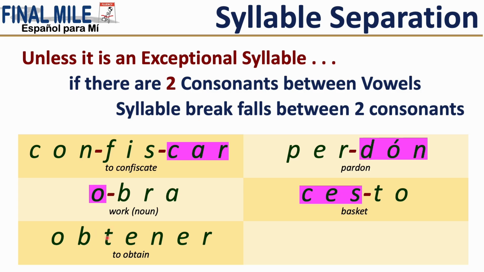This is not an R or an L. So the break goes right here between the B and the T. Okay, we continue. And we are ready to say this, okay? Closed O. Obtener.